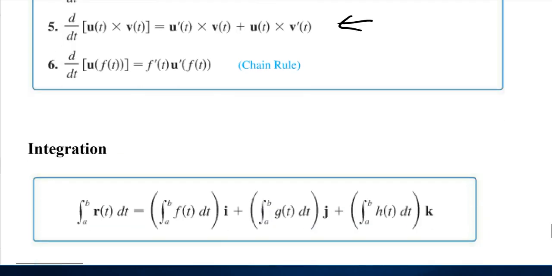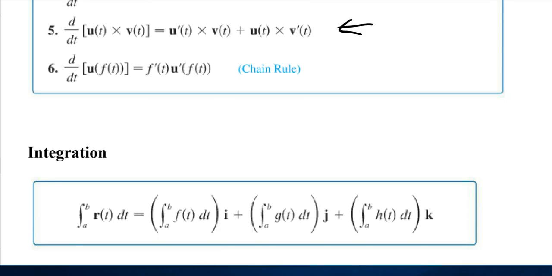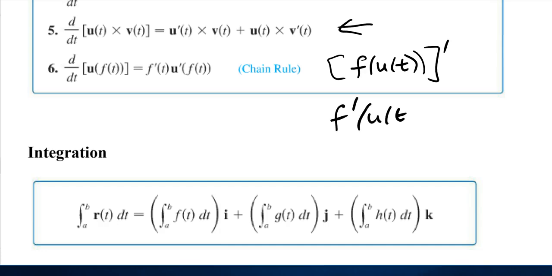Okay? And now the chain rule just works like it did before. So the chain rule, remember, was the derivative of f of u of t. The derivative of this was f prime of u of t times u prime of t.